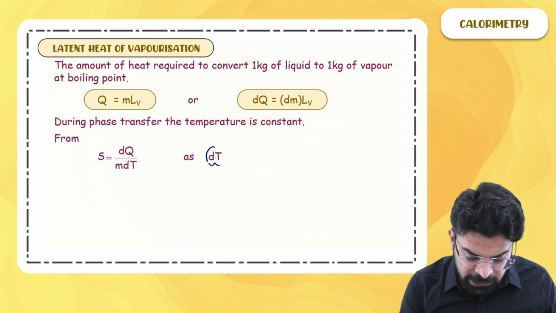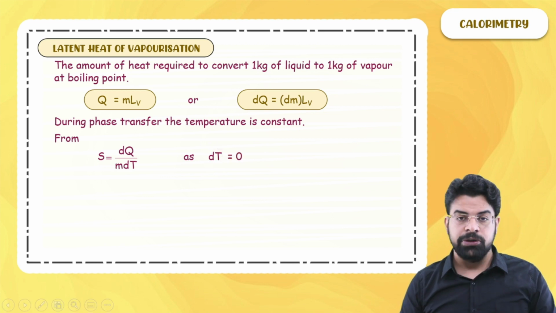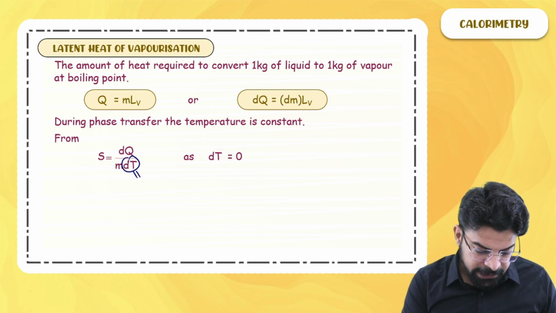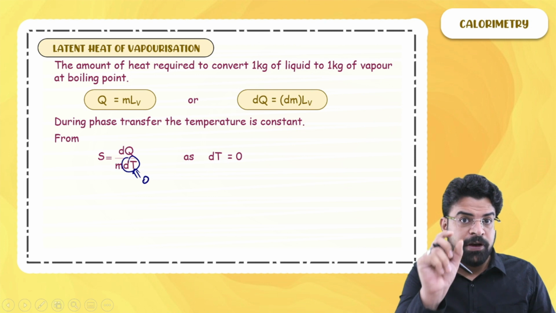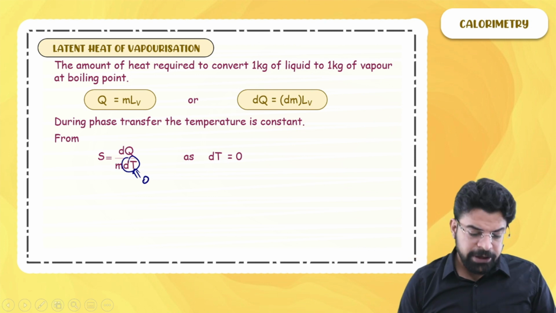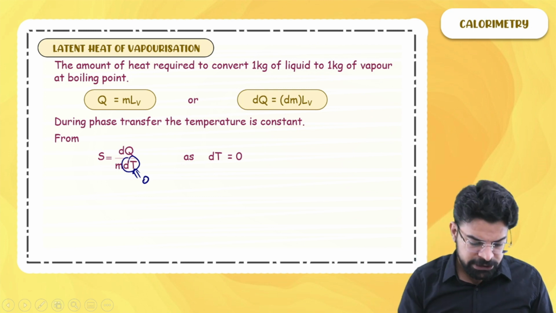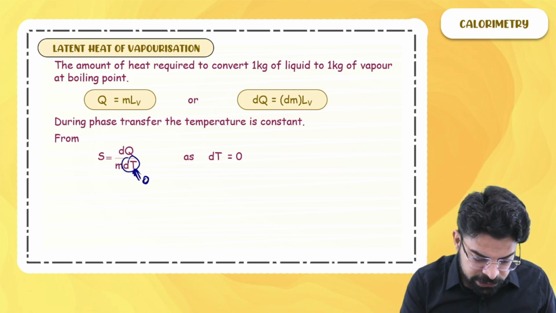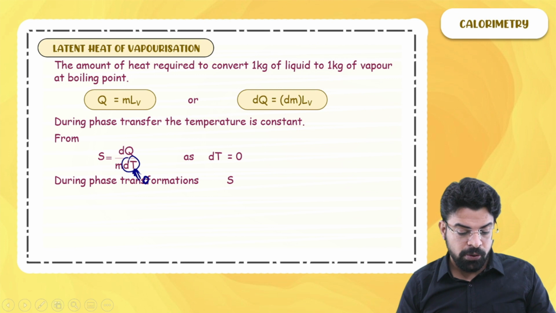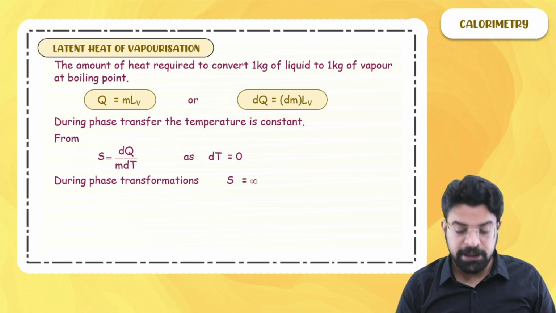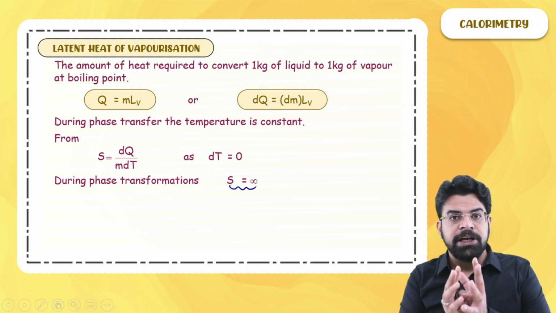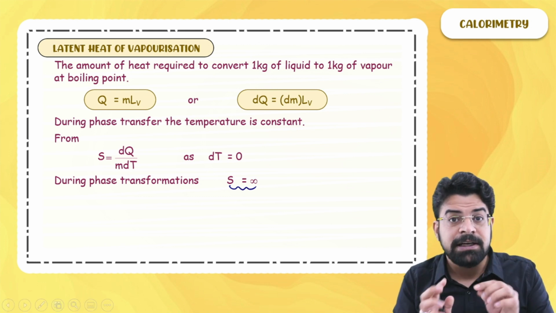As the infinitely small change in temperature is zero, this quantity dT becomes zero during the process of phase transformation. And as dT becomes zero, the specific heat becomes infinite. So remember, during phase transformation, the specific heat of the system is infinite.